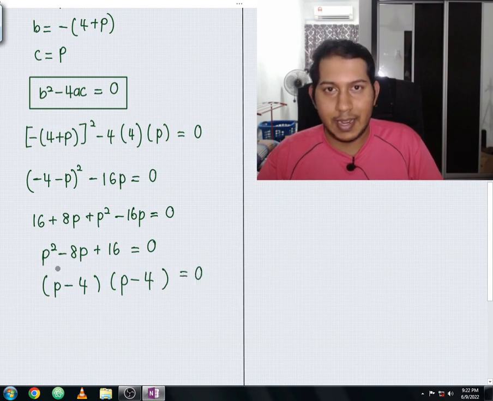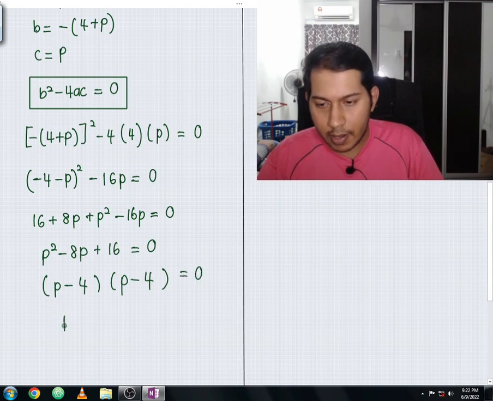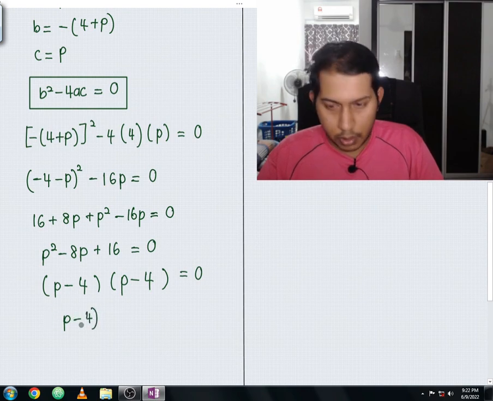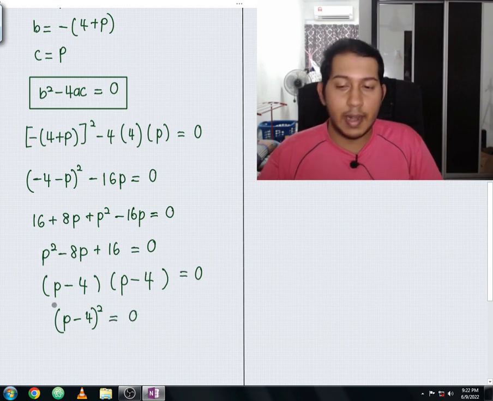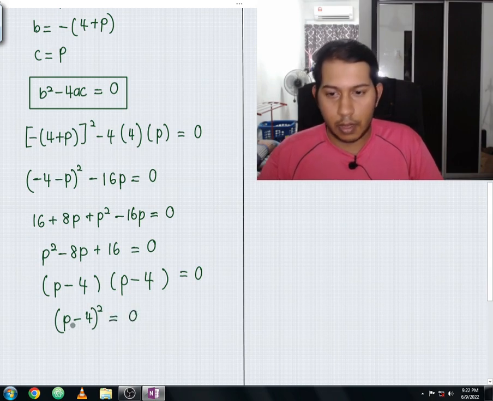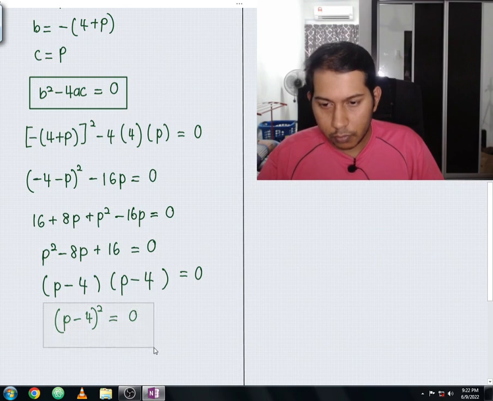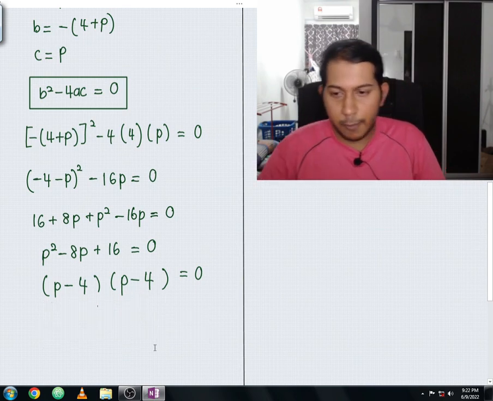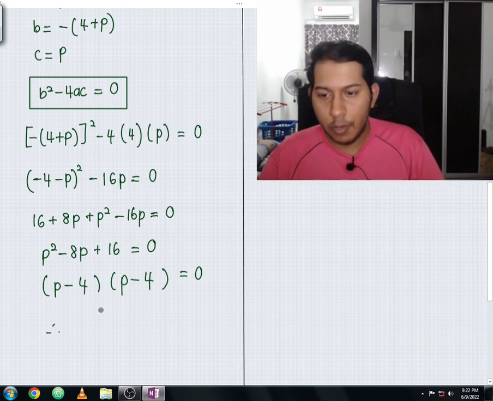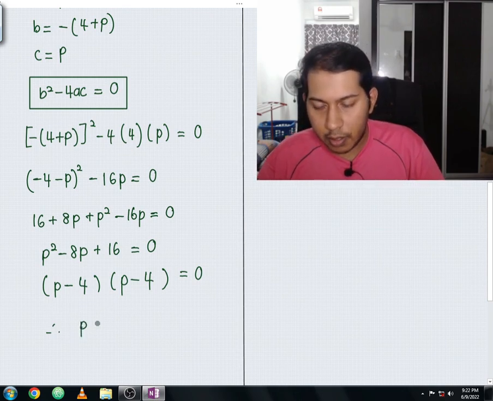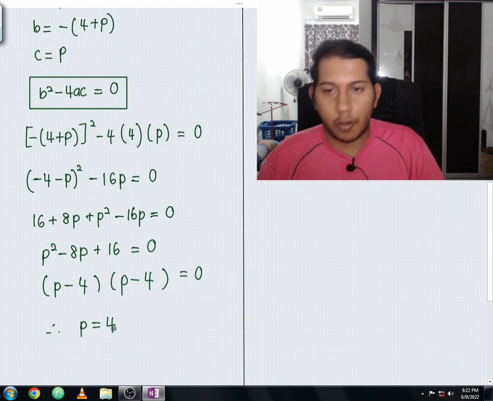You can write it in this way, or you can write p minus 4 square equals 0. Therefore you can only have one possible value. In this case, p equals 4.